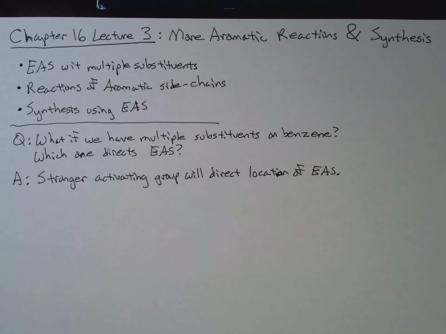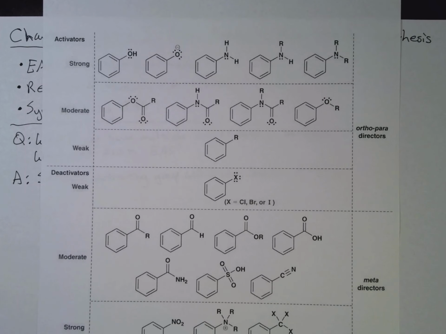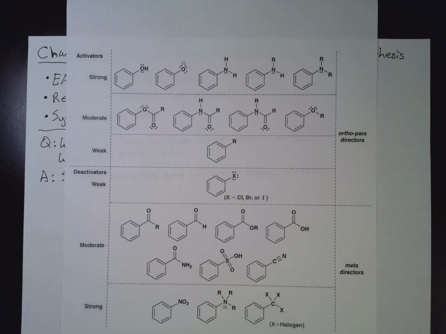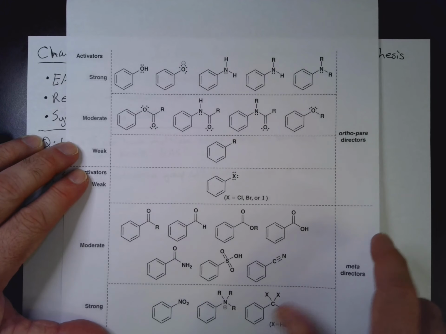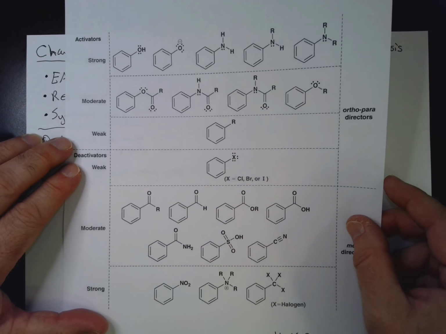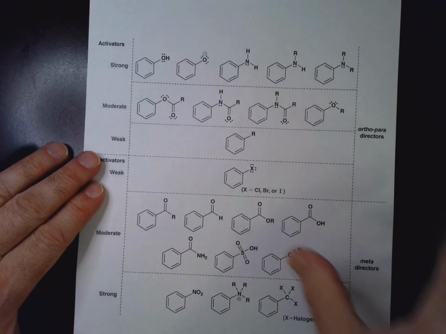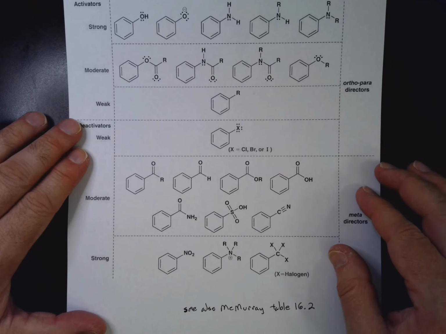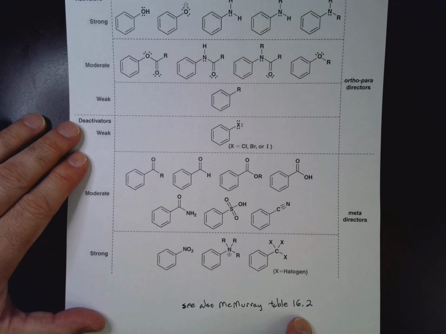And for that, I actually want to refer you to the following, and I'm going to zoom out a little. I'm going to post a copy of this. This is from another text. And there is something similar in McMurry, table 16.2, so you can look at that.